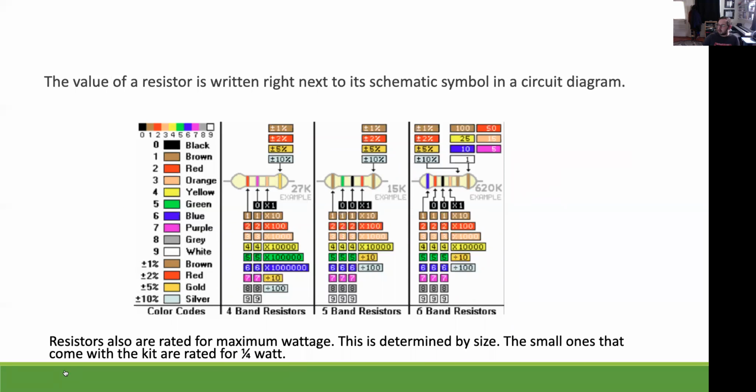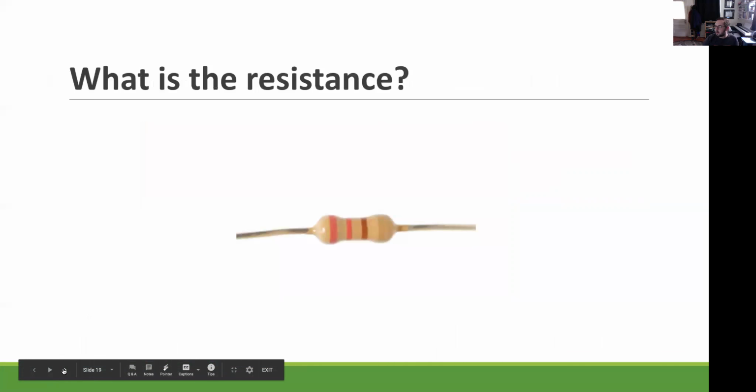Our small ones are rated for 1/4 watt, so not a ton, but you can still use them for most basic things. Here are some examples. I'm not going to get too much into that, but you can pause the video and check out the diagram if you want.